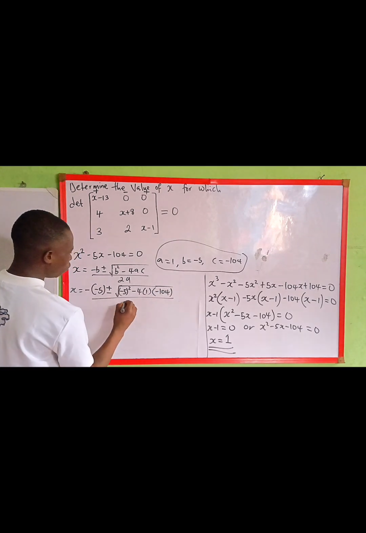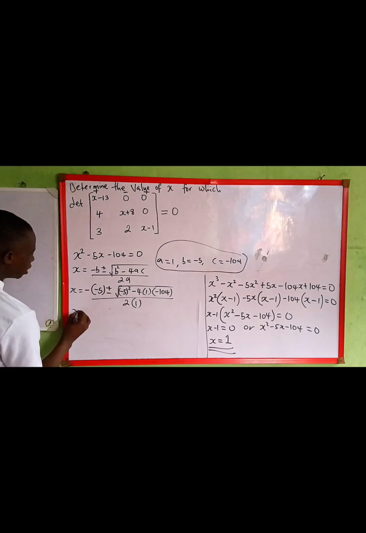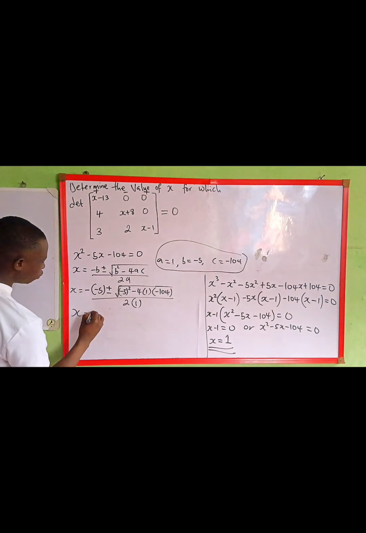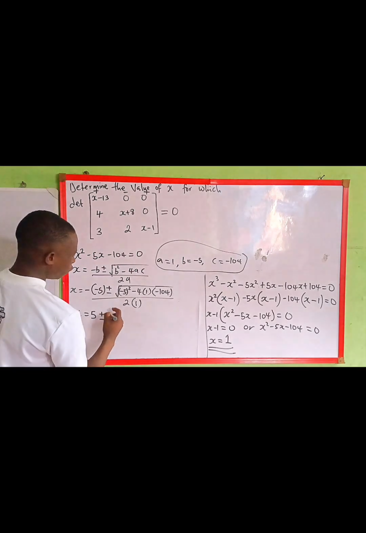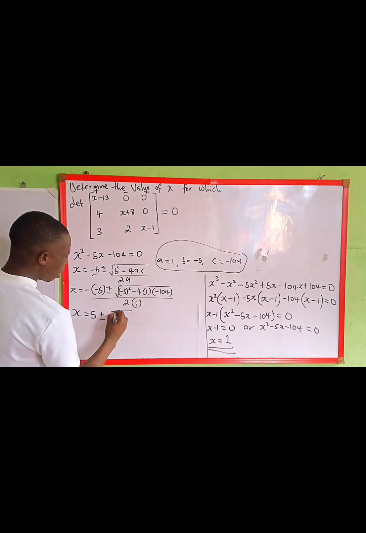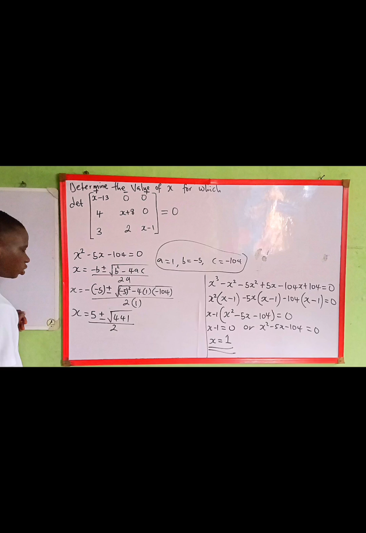So everything all over 2 multiplied by a, which is 1. So x will now be equal to negative multiplied by negative 5, which gives us positive 5, plus or minus the square root of, if you simplify everything inside the square root, we are going to have 441, then everything all over 2 multiplied by 1, which is the same as 2.